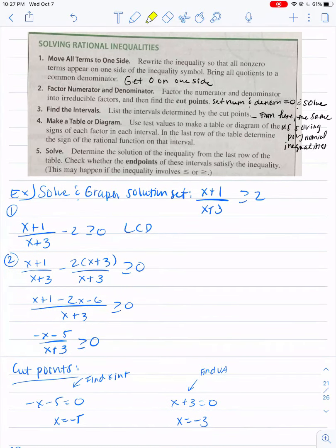So here are our steps of solving. We move all of our terms to one side, so we get 0 on one side. We factor the numerator and the denominator, and then we find the cut points by setting the numerator and denominator equal to 0 and solving. Then we find the intervals determined by the cut points.